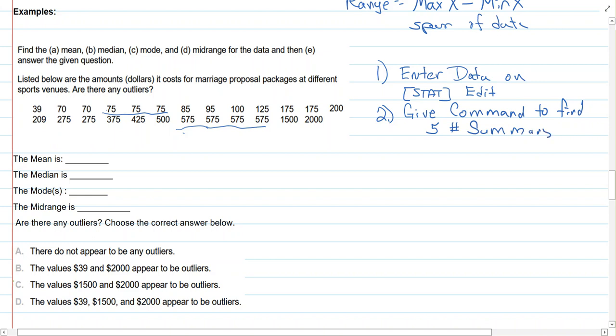All right. So that is stat, arrow over to calc, and then you're going to choose number one. All right. So let's do that next.